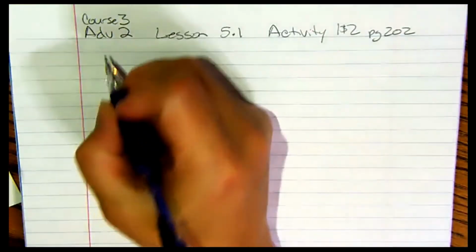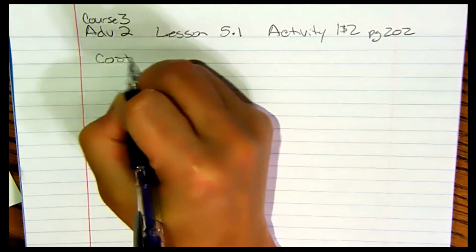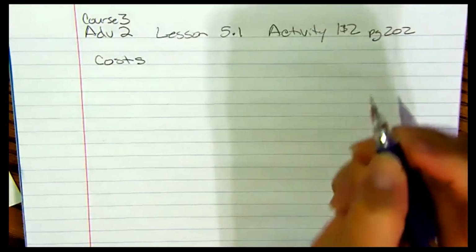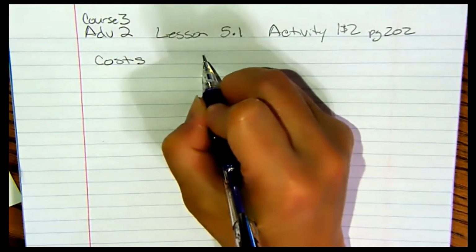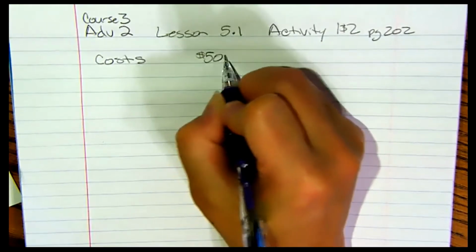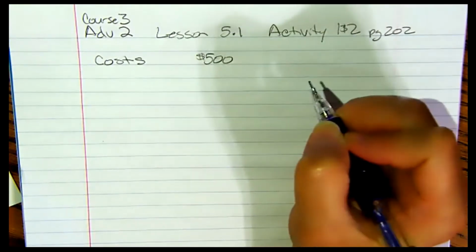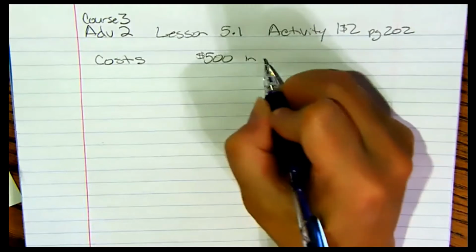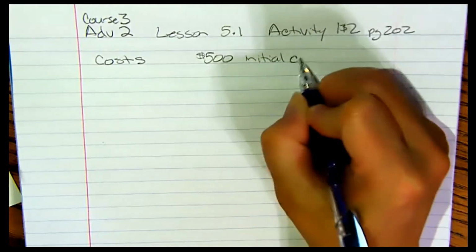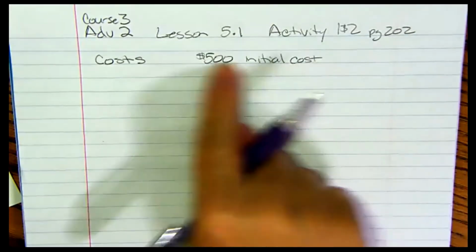Okay, so let's start with our costs. We spent $500 to set up the room. So this is a $500 initial cost. It's a one-time fee.